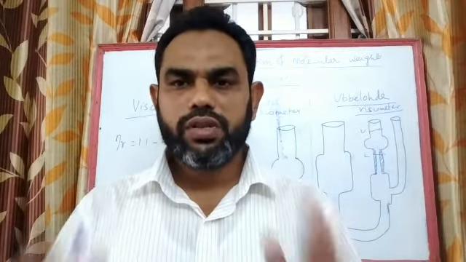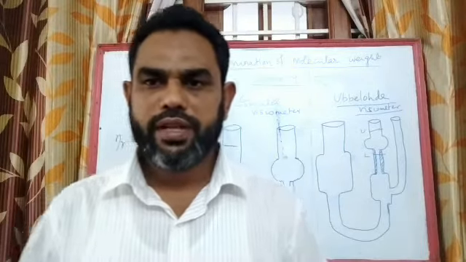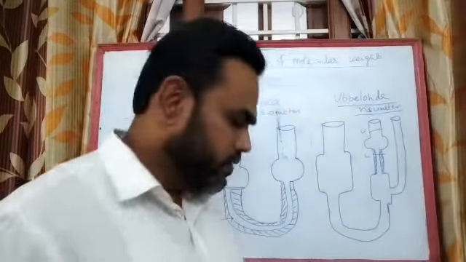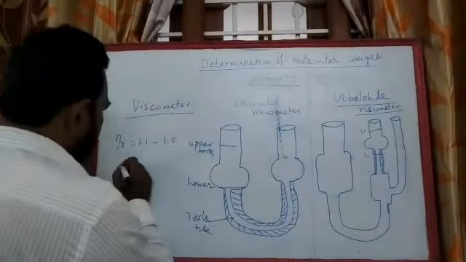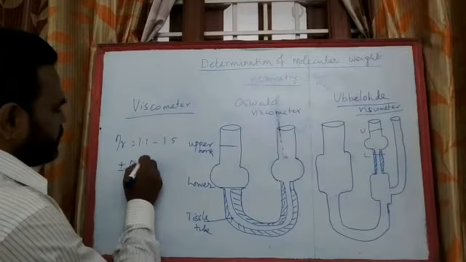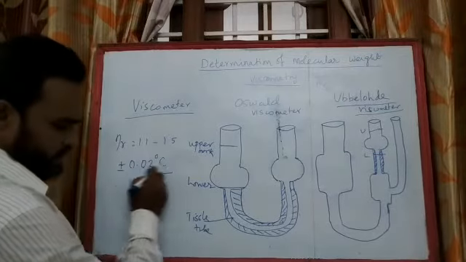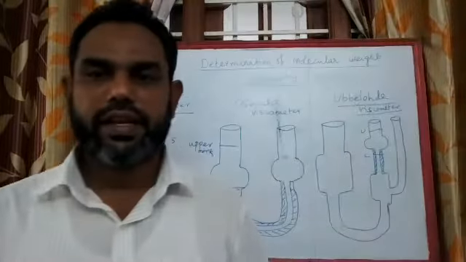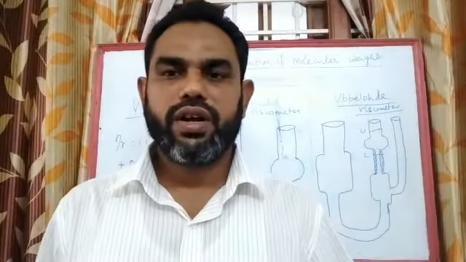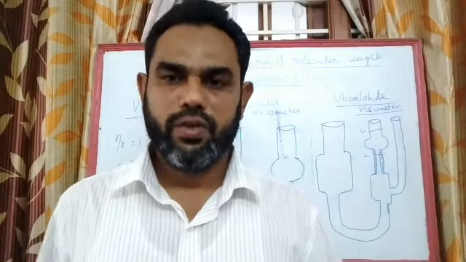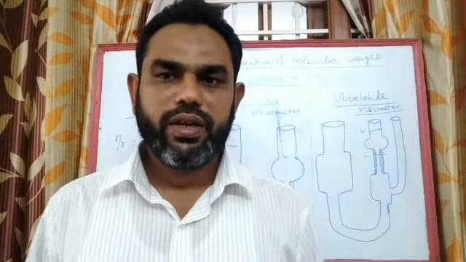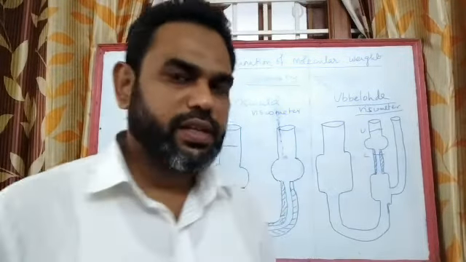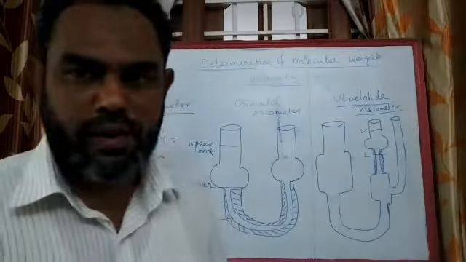So throughout the viscometric measurement, the temperature should be kept constant and should not vary by more than plus or minus 0.02 degrees centigrade. A 0.02 degrees centigrade variation is not tolerated. Okay. So the first condition is you must maintain a proper concentration.